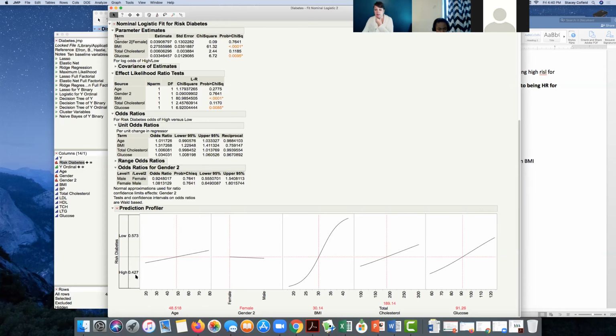Now let's say I get them to lose weight, right? Their age is going to stay basically the same, gender is going to stay the same. What if we can get their BMI down to 25? Now look at their risk. Their chance of being high has gone much lower. So this is what I love about the profiler. It really helps you understand what those odds ratios mean.